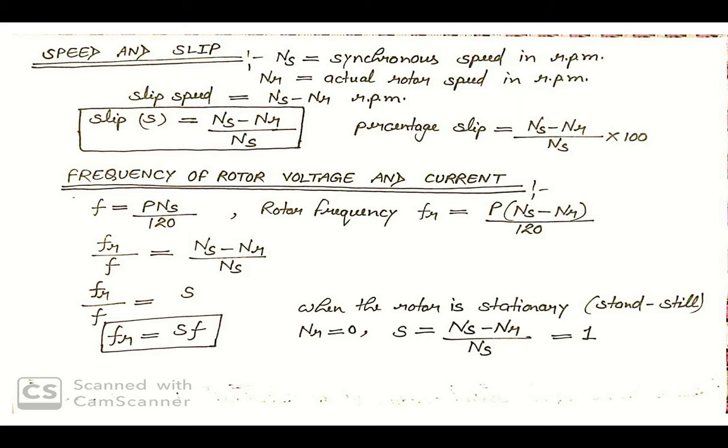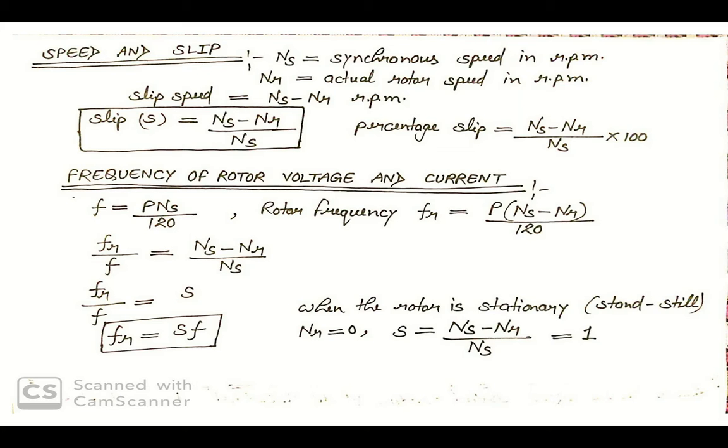Let us consider for a moment that the rotor is rotating at synchronous speed. Under this condition, there would be no cutting of flux by the rotor conductors, and there would be no generated voltage. If there is no generated voltage, that means no current and no torque. So the rotor speed is therefore slightly less than the synchronous speed.